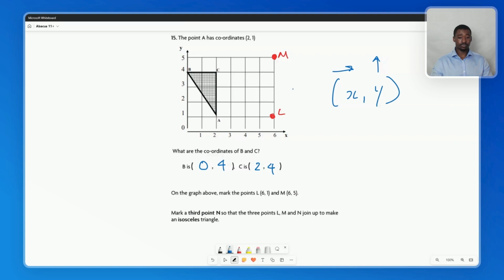So to work this out, we can simply make this triangle such that 2 sides are of equal length. So here, the difference between L and M is 1, 2, 3, 4.